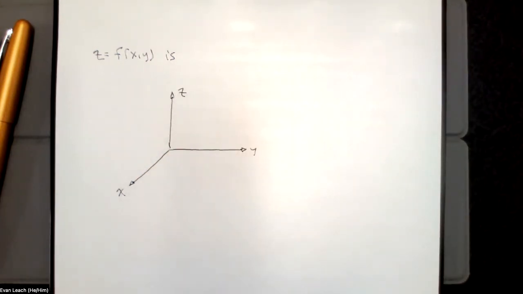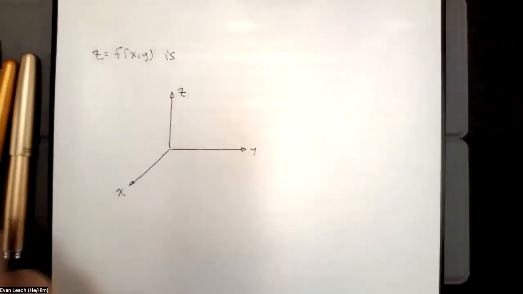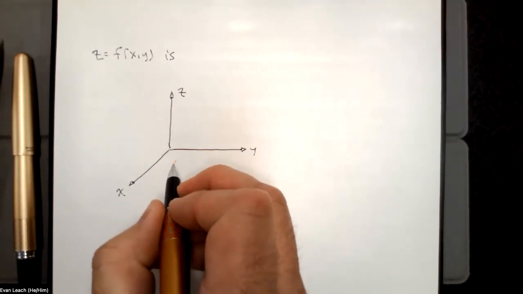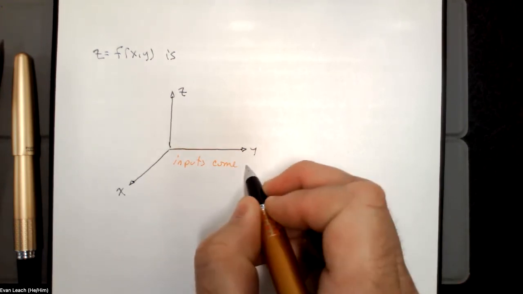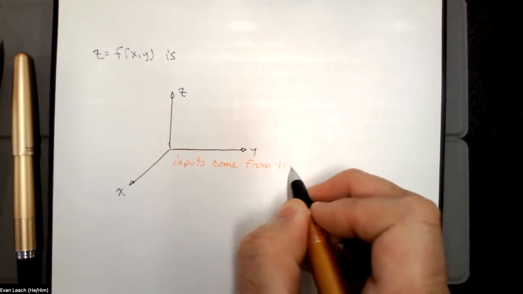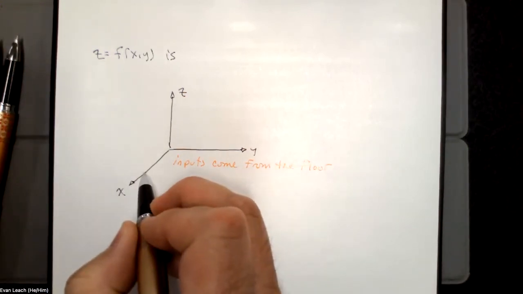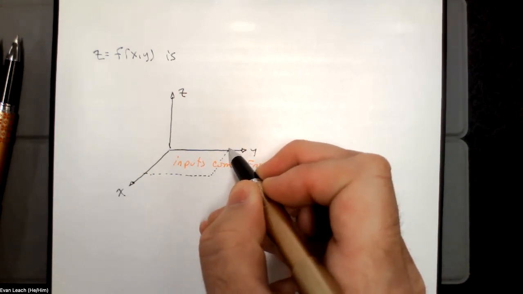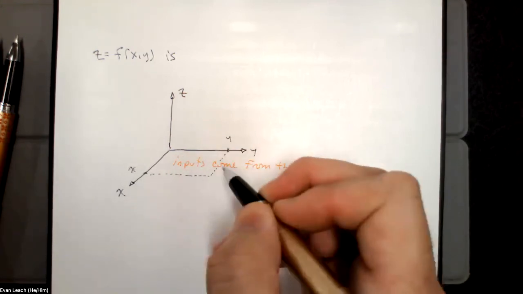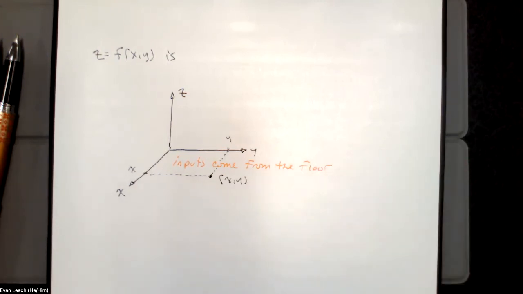That's where we put our z-axis. So we'll have an input down here in the floor, and our output will be a height above the floor.